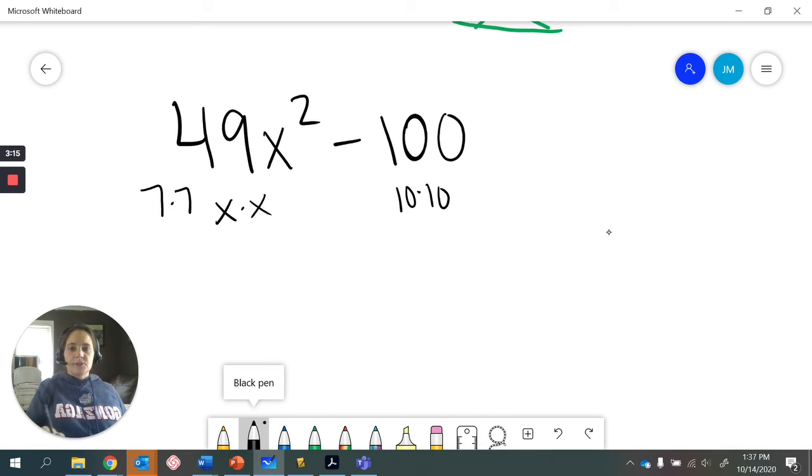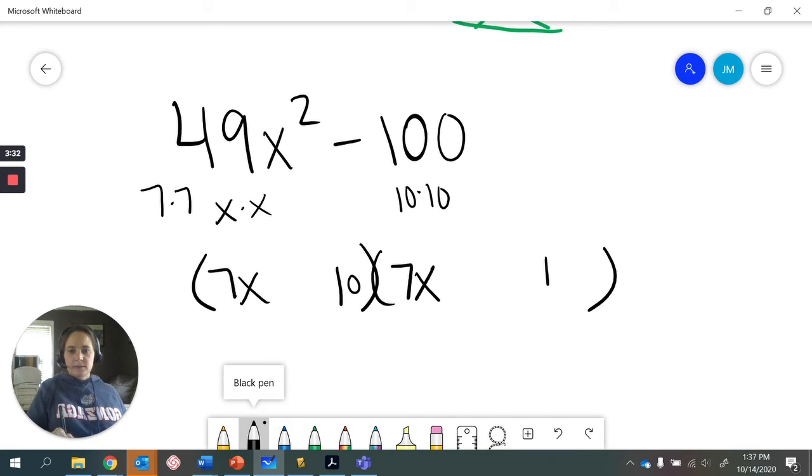So when I want to factor it, we're going to have our two sets of parentheses, and we're going to take our perfect square number, 7 times 7 is 49, so we're going to put a 7 in the front, and x times x is x squared, so we're going to put an x in each one. And then our 100 is 10 times 10, so we're going to put a 10 and a 10. And then what are our symbols? Plus and minus. And you're done.